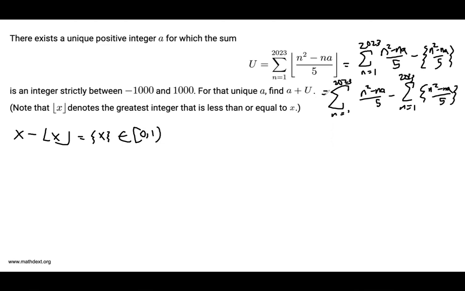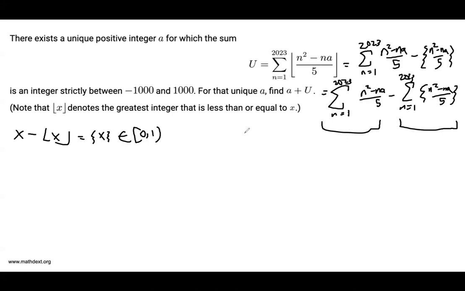All we're given is that this thing is an integer between negative 1,000 and 1,000, but that doesn't really tell us much. It just tells us that it's in some range. So let's look at these two sums and see what we can tell about each of them.